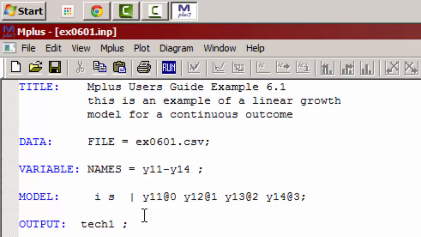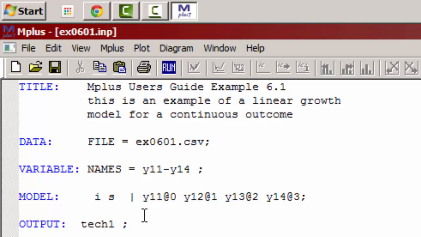The next command is the data command. In the data command, we are telling Mplus information about the data that we're going to use. Here, we're telling Mplus that there's a file, and the file name is EX0601.CSV.